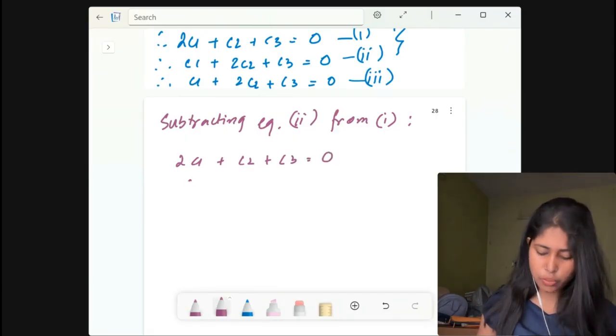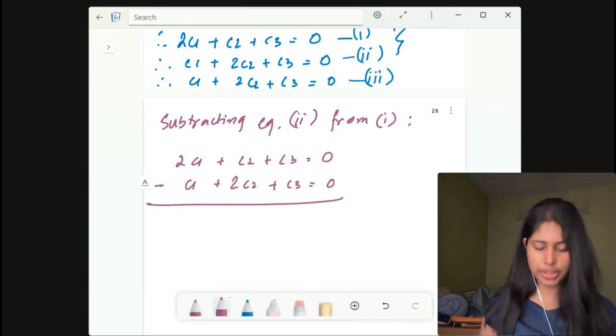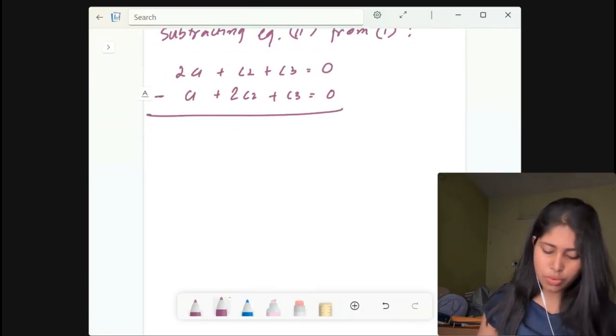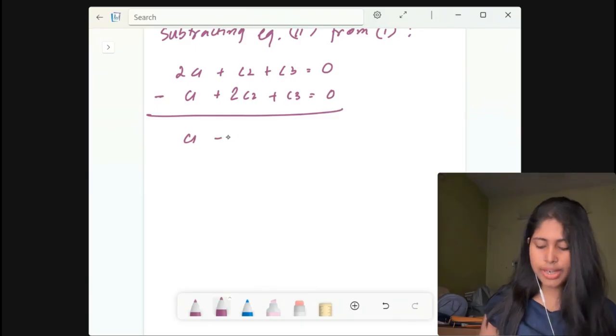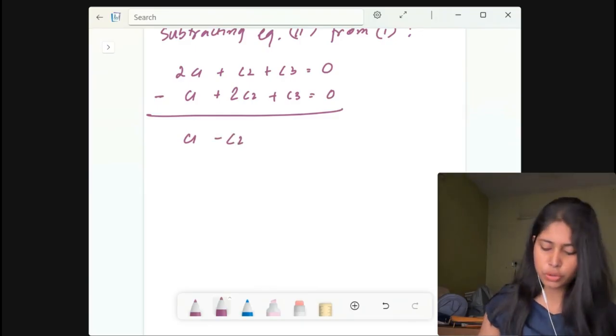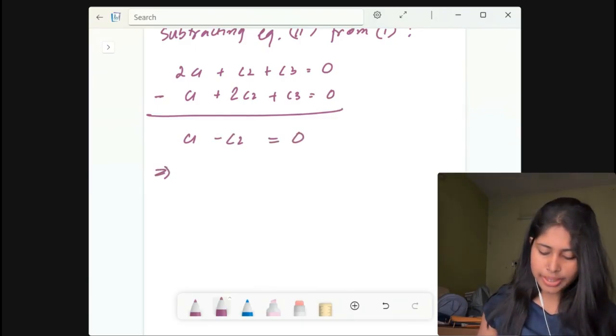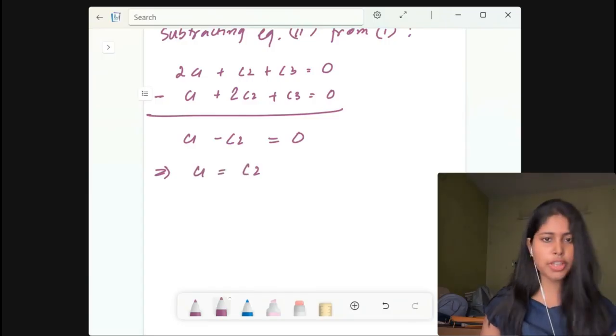Second equation is C1 plus 2C2 plus C3 is equal to 0. And if you subtract it, then what do you get? 2C1 minus C1 is C1, and C2 minus 2C2 is minus C2, and C3 minus C3 is 0, so it will be 0. So we can get from here that C1 is equal to C2, right?